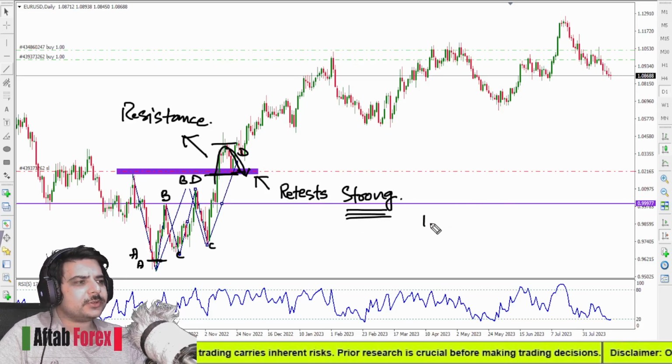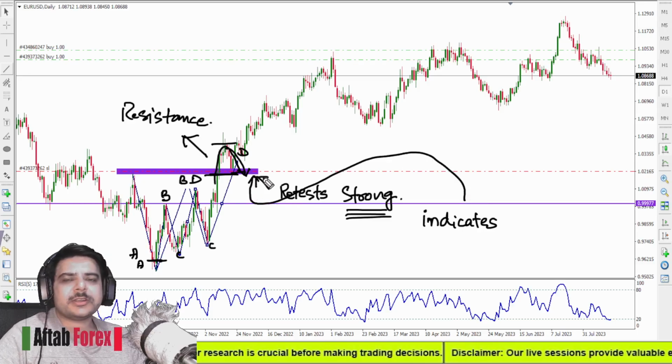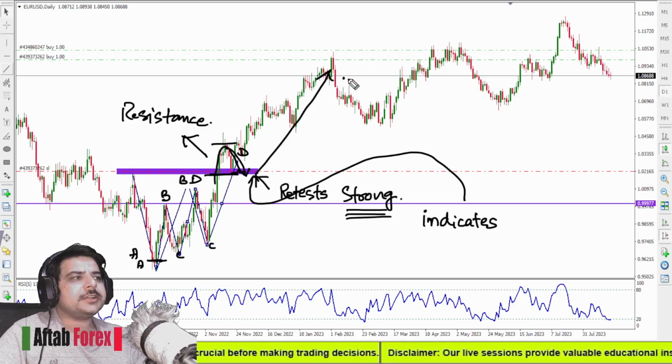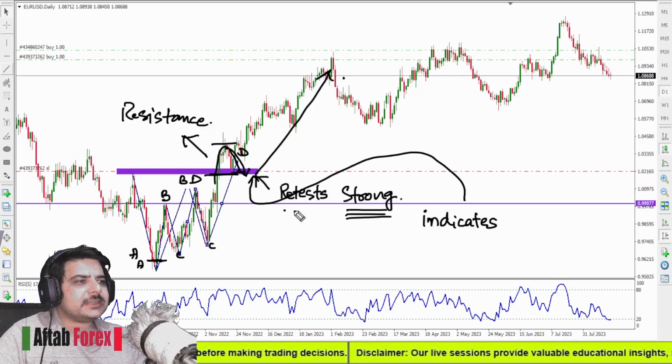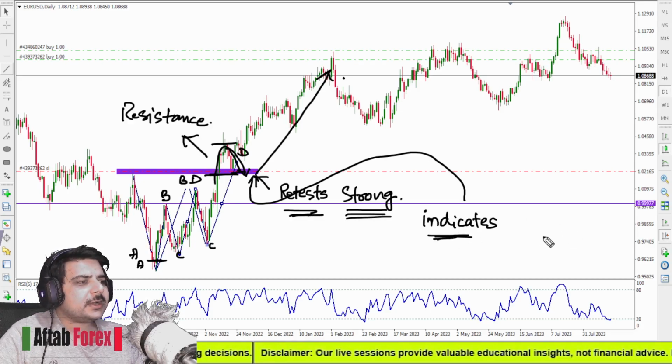Let me tell you. That prices are more likely going to be pushing up, or I should say that retests are strong indicators which indicate a price continuation from a certain level.